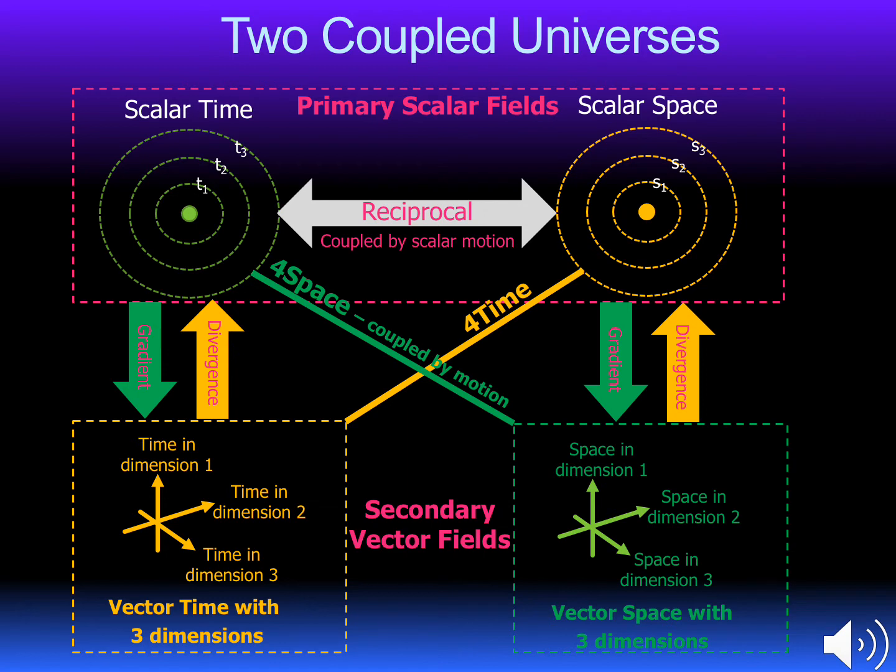But it's very clear by these diagrams, whether you look at the previous one or this one, that these are tightly coupled universes, and it's motion that couples them together, and basically everything in our universe is in motion.